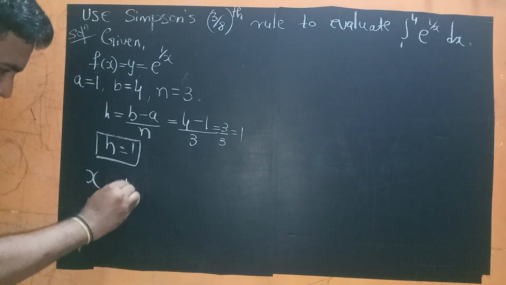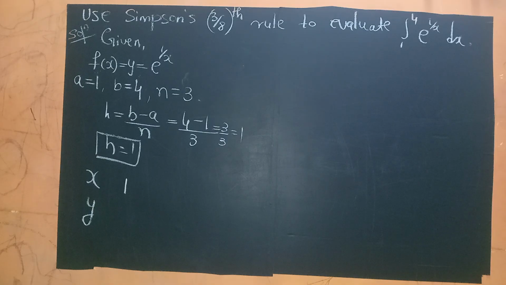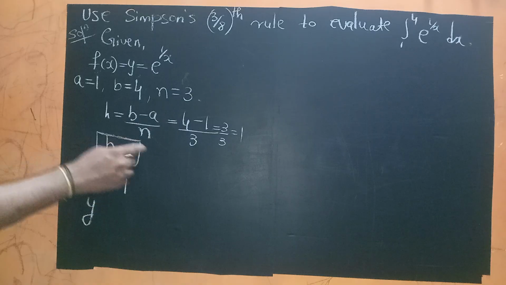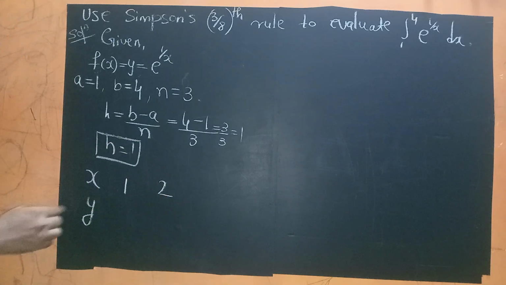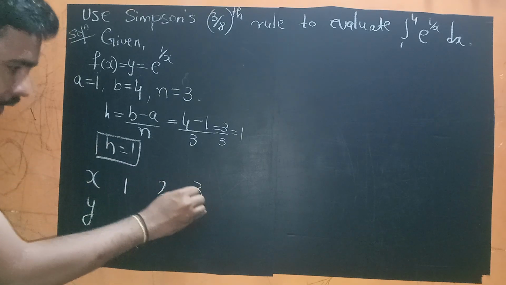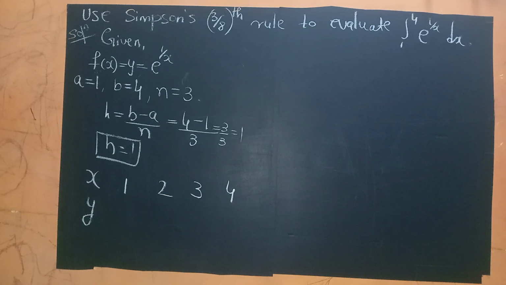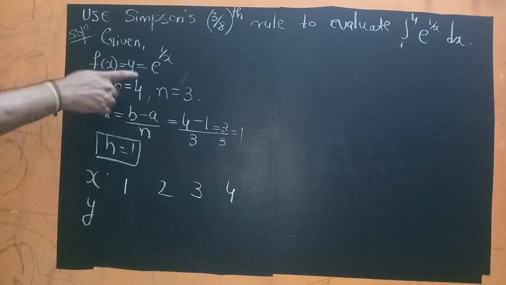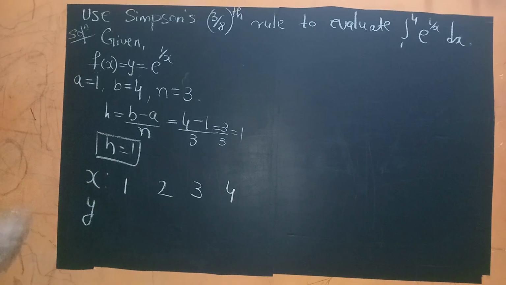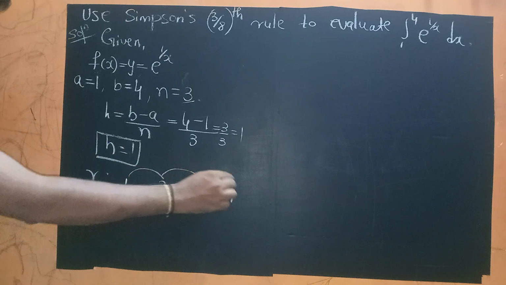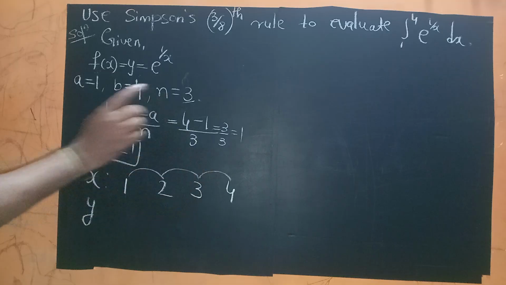So x starts from 1, and we add the interval length h each time: 1 plus 1, 2. 2 plus 1, 3. 3 plus 1, 4. So we have divided the interval 1 to 4 into 3 equal parts, first step, second step, third step.